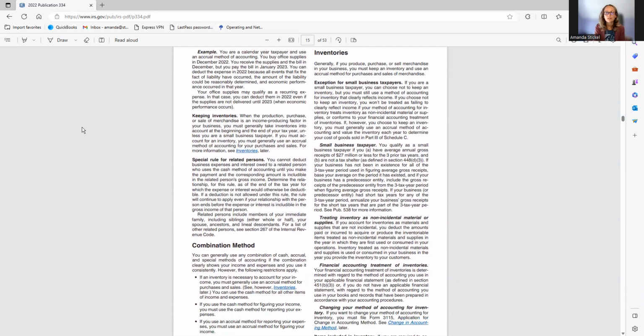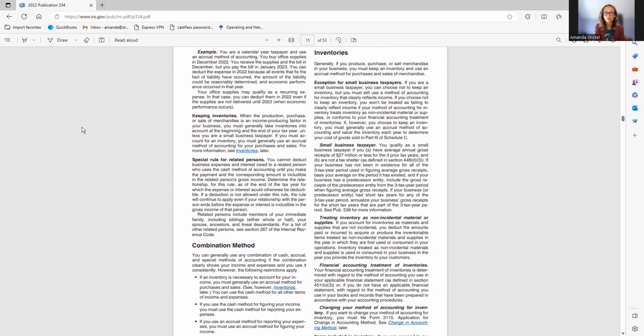Inventories. Generally, if you produce, purchase, or sell merchandise in your business, you must keep an inventory and use an accrual method for purchases and sales of merchandise. Exception for small business taxpayers. If you are a small business taxpayer, you can choose not to keep an inventory, but you must still use a method of accounting for inventory that clearly reflects income.